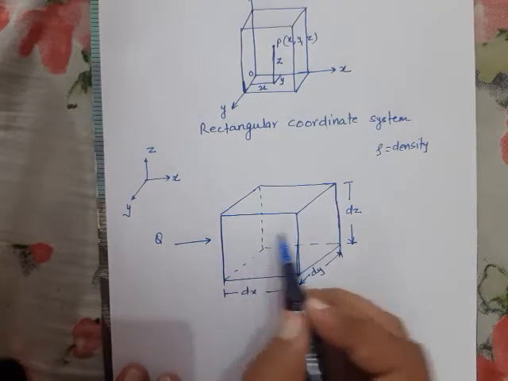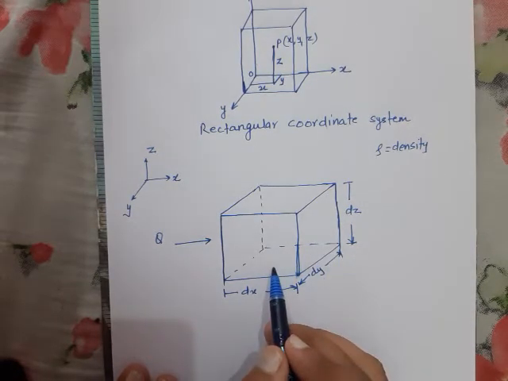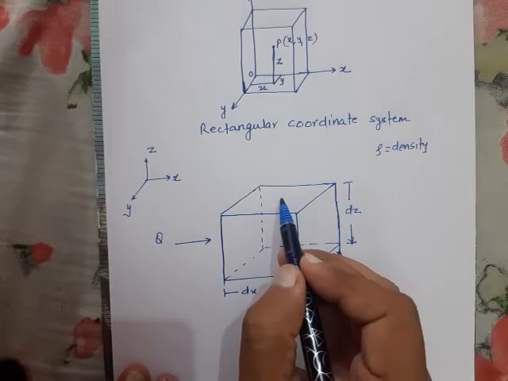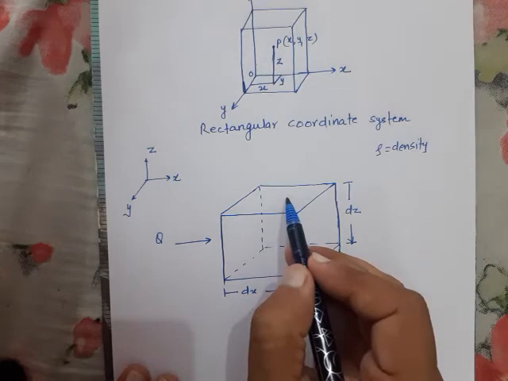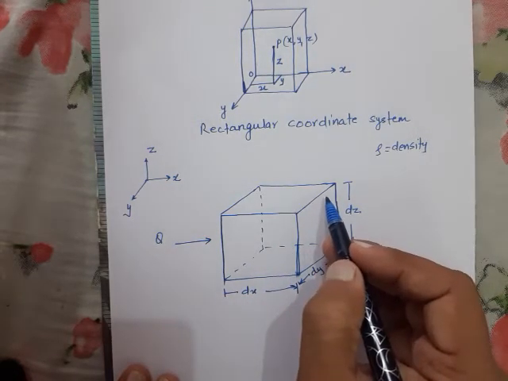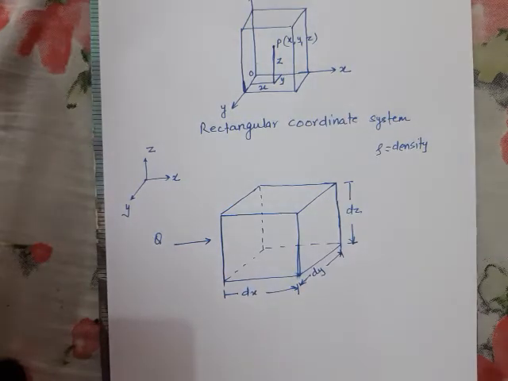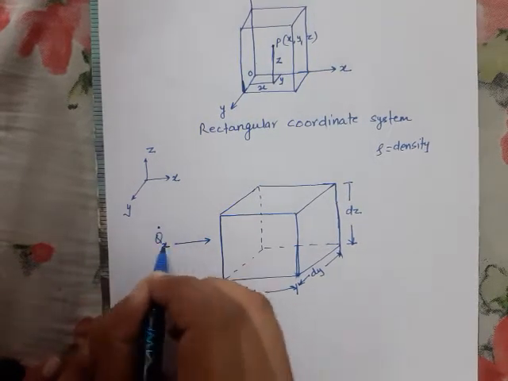This is the x face, then this will be the x plus dx face. This is the z face, then this would be the z plus dz face. Bottom and top faces are z and z plus dz faces. Likewise, the front face is the y face, and the rear face is the y plus dy face. So these are the 6 faces, termed x and x plus dx, y and y plus dy, and z and z plus dz faces.